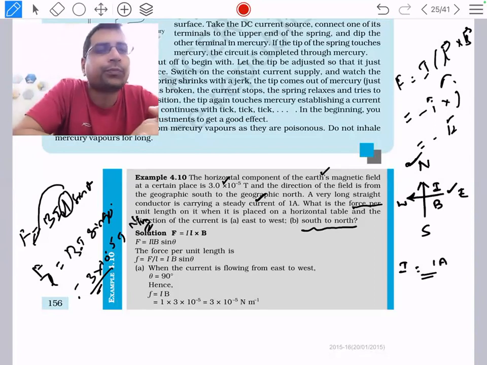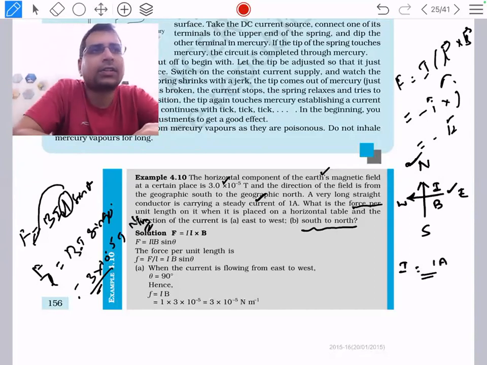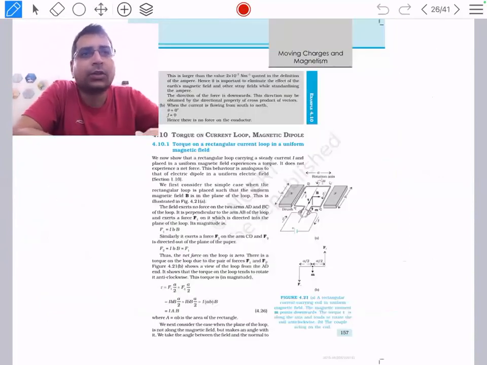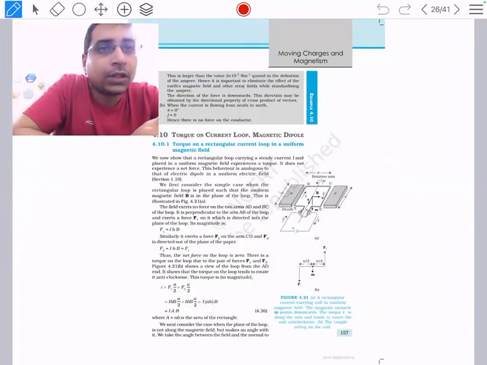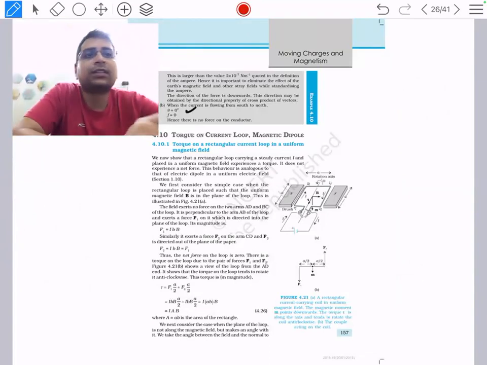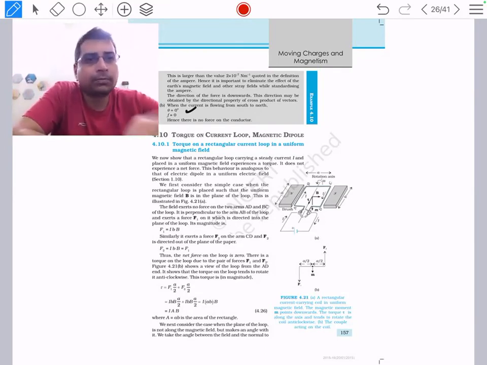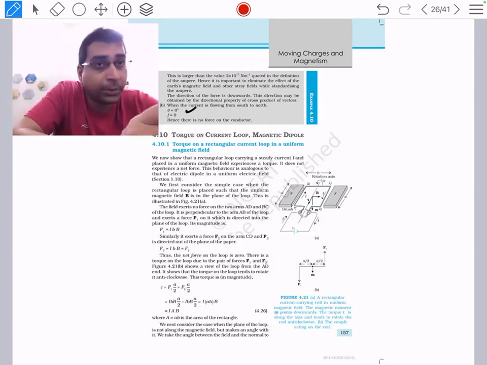Why is it so? Because angle is 0. That's as simple as that. When the current is flowing from south to north, theta is equal to 0 degrees. Answer is 0. So this is all about the force experienced by a current carrying conductor placed in a magnetic field.